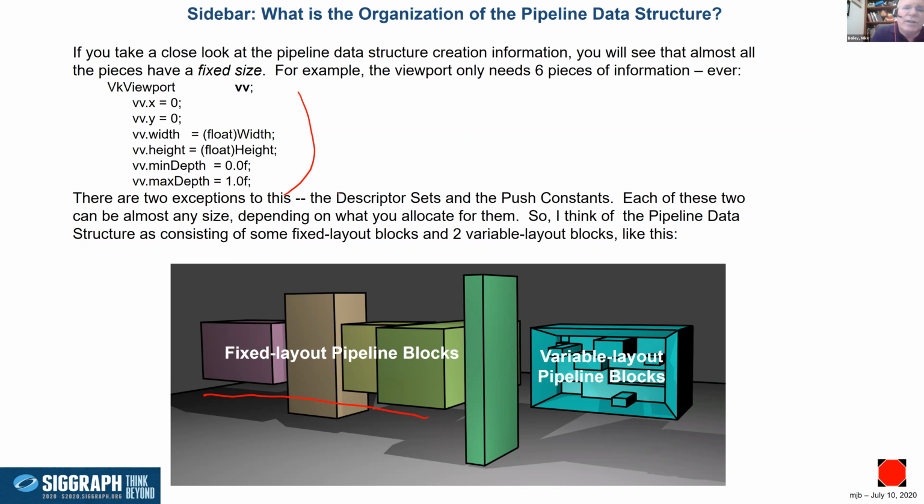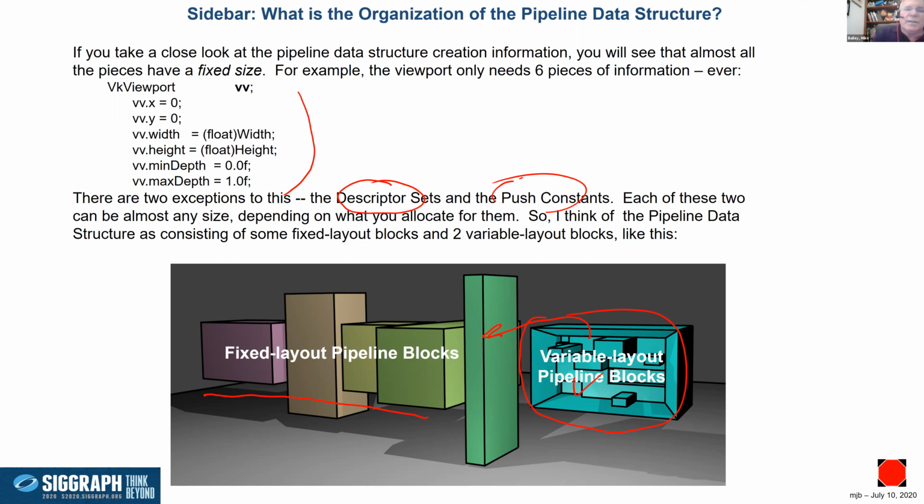However, descriptor sets and push constants are different. They are variable sizes. It's sort of like, here's a variable size pipeline block and I want to plug it into here. Well, okay, once you know the size of this, now it can create the right number of bytes for this particular pipeline data structure. And so that's what this is all about. That's why it does it this way.